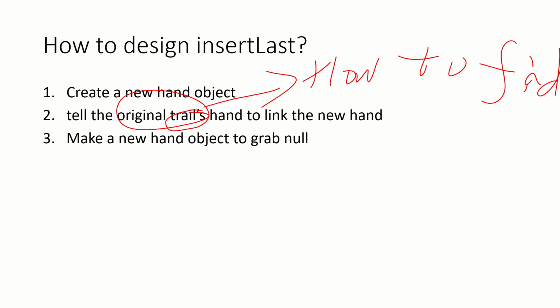If next is not equal to None, what do we need to do? We need to move forward, right? So C should point to the next one, right?